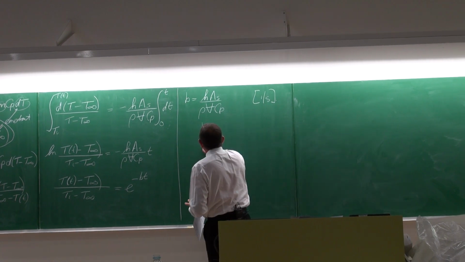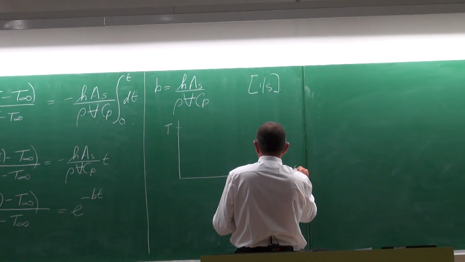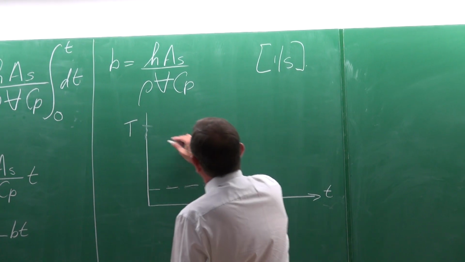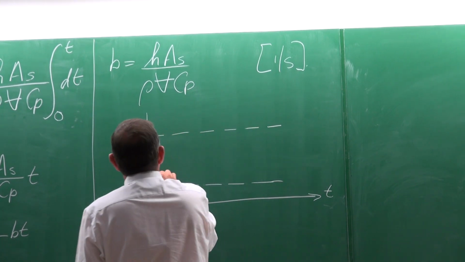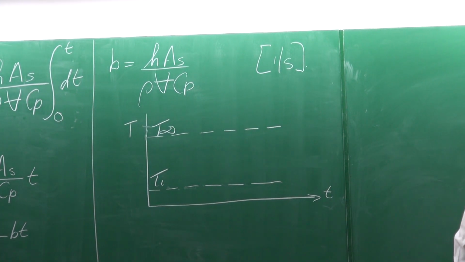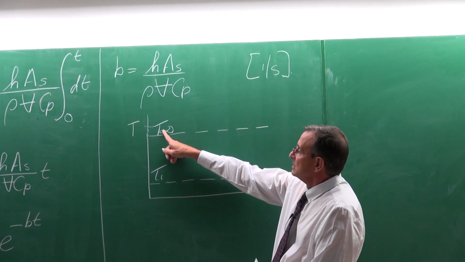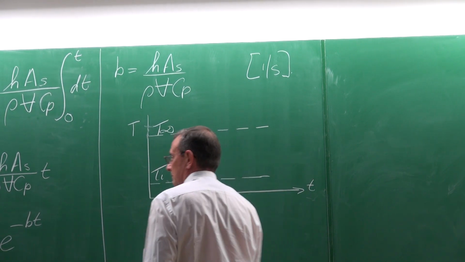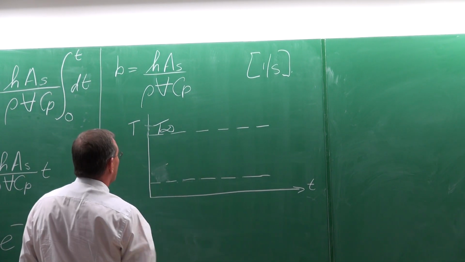Thus, if we now look at the solution of temperature as a function of time, then we will always have the solution between Ti and T infinite. Let's suppose T infinite is now larger than Ti. Let me just write the Ti there because it's going to be in the way.